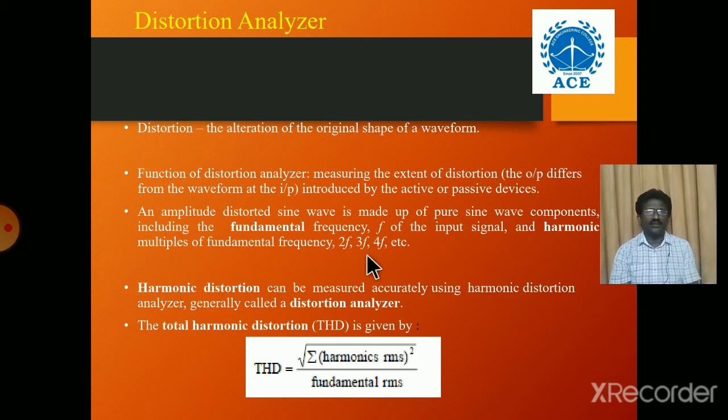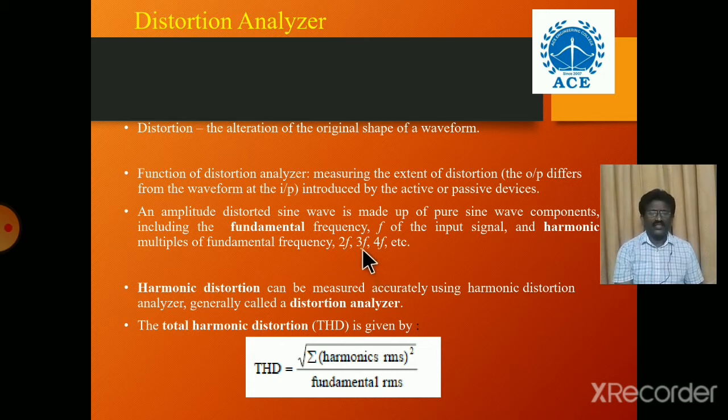That problem we can identify in the amplitude. In that case, you can say that the waveform has some distortion. So you can define distortion as the alteration of the original shape of a waveform.